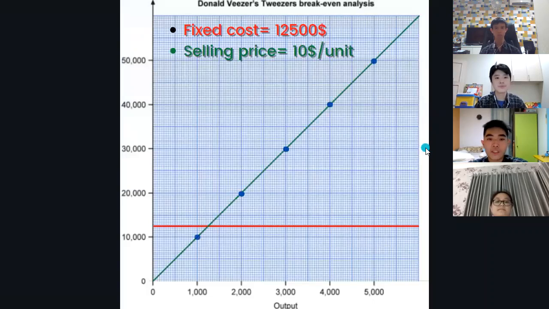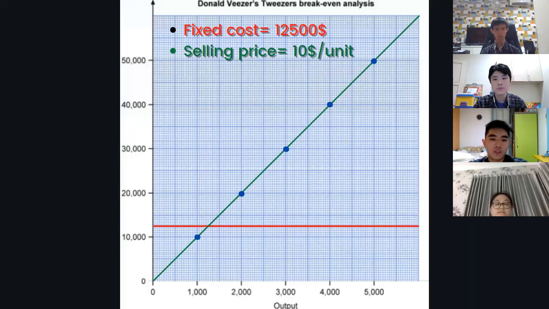Okay, we can get the revenue from the selling price times output. So as you can see from the graph, we have 5 outputs, which are 1,000, 2,000, 3,000, 4,000, and 5,000. As Kenny mentioned before, the selling price per tweezers is $10. So we just need to multiply the selling price by the output. 1,000 times 10 is 10,000.